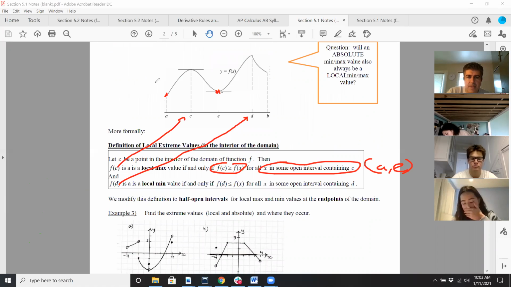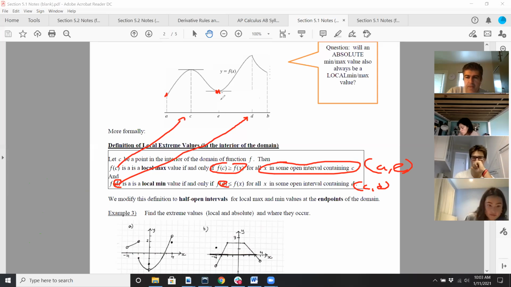Yeah, we say f of c is a local max. Or a local min, maybe from c to d. If I focus from c to d, then, oh, that should be e, by the way, because we use e right there. Well, anyway, you get the point. It's all arbitrary with the letters you use. But yeah, you call that a local min.